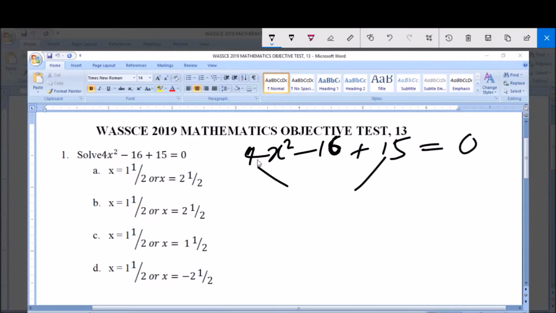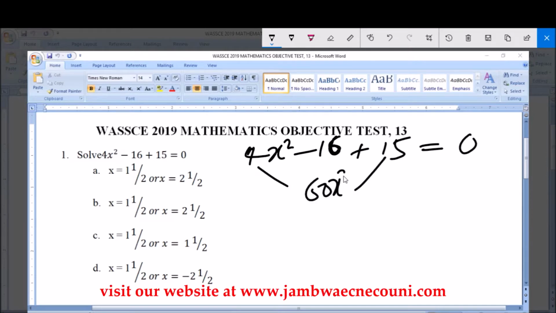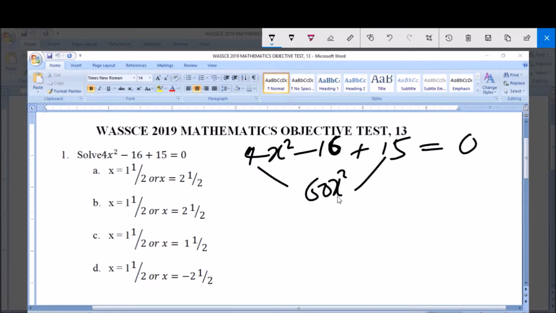Now if you multiply 4 times 15, you have 60x squared. 60x squared is what you have. So what we are looking for are two numbers that will multiply to give us 60x squared, and if you add those numbers, they will give you minus 16x.